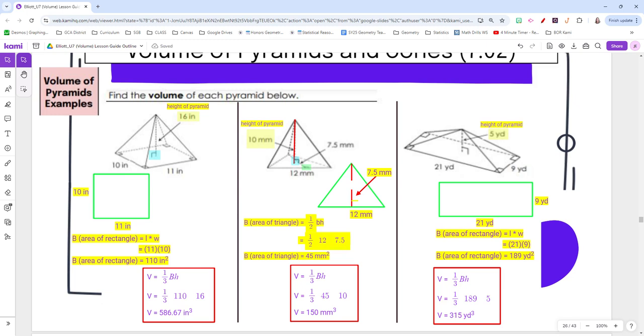That is going to give us 189 yards squared. Next, we're going to take that information, our big B, and the height of our pyramid, and insert it into our volume formula and multiply 1/3 times 189 times 5. That will give us a total of 315 yards cubed.